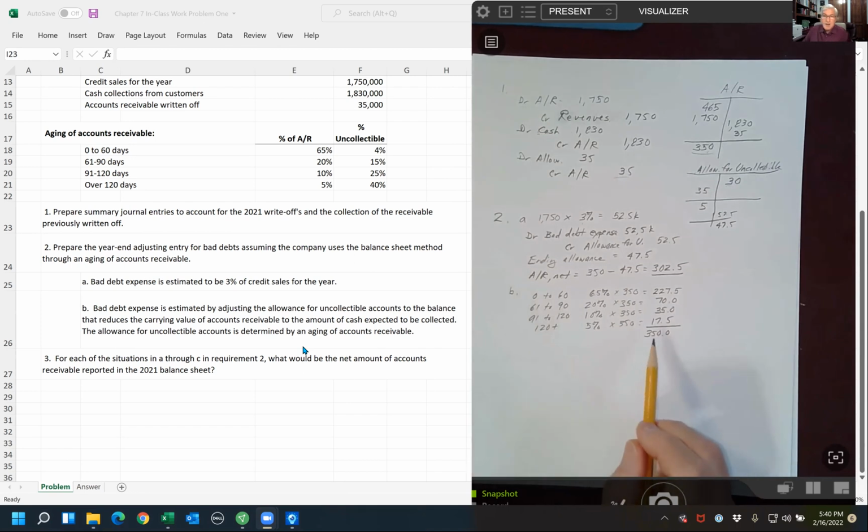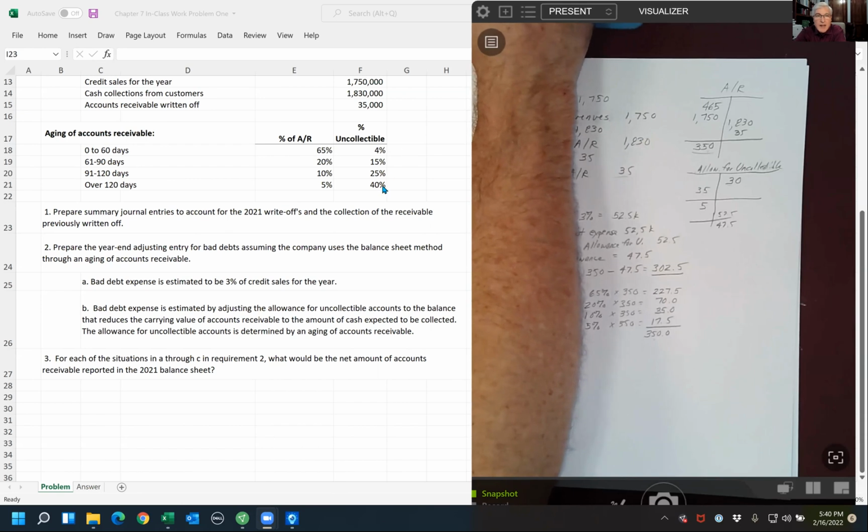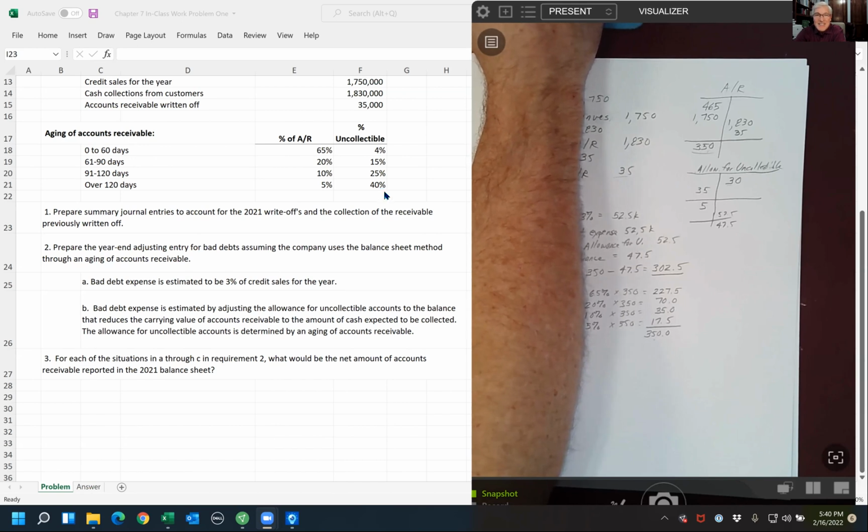We've taken our total accounts receivable and we've aged it. And so now we know, hey, based on history, and this company must be really good at collecting deadbeat accounts, right? Because they still collect 60% of them. Only 40% of this over 120 days is going to be uncollectible.